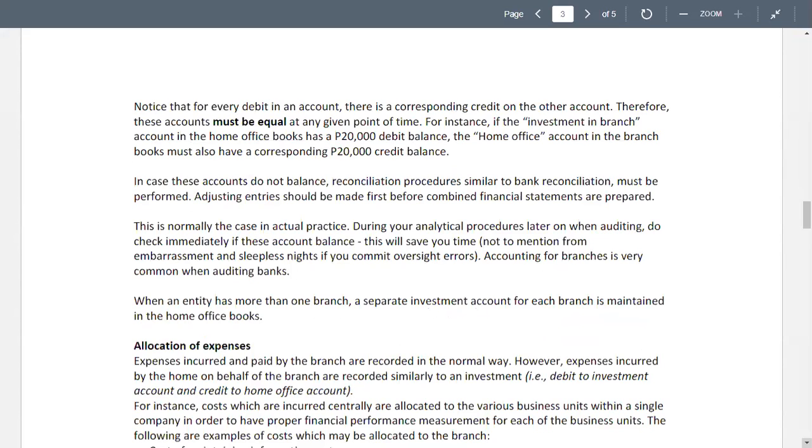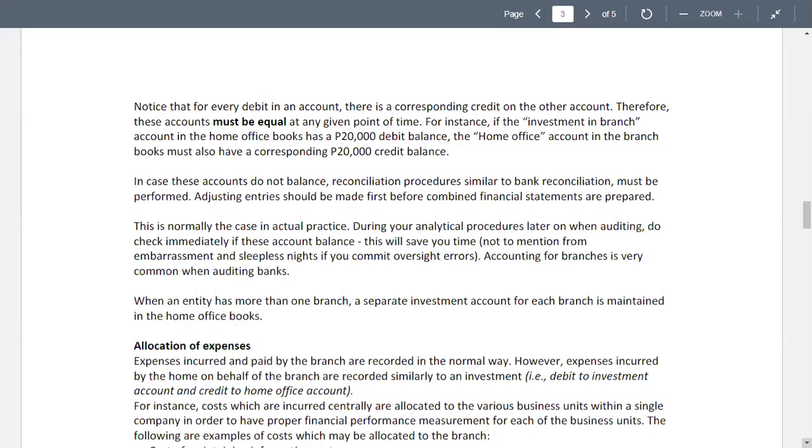Notice that for every debit in an account, there is a corresponding credit in the other account. Therefore, these accounts must be equal at any given point in time. For instance, if the investment in branch account in the home office books has a 20,000 debit balance, the home office account in the books of the branch must also have a corresponding 20,000 credit balance.